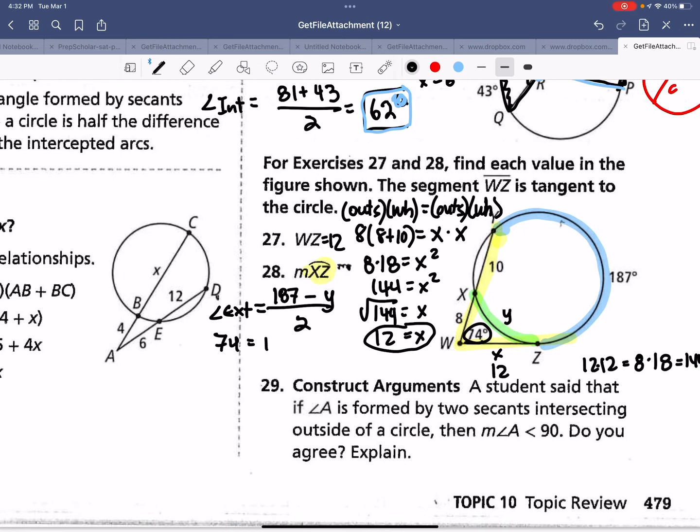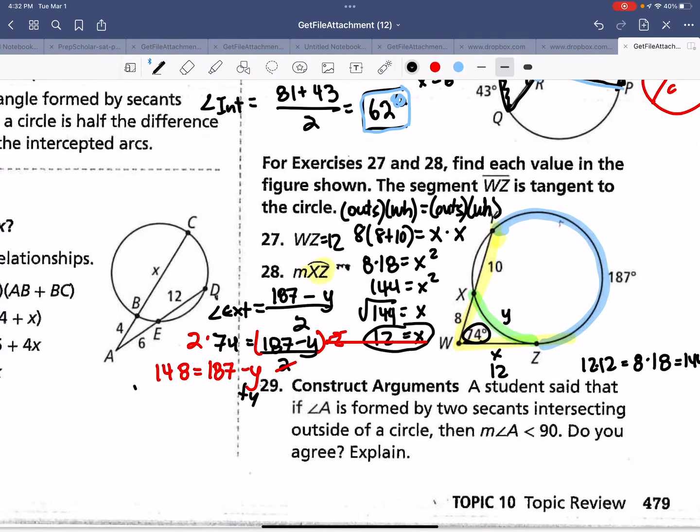So I just have to do a little bit of algebra. I'm going to multiply both sides by 2. So we get 148 equals 187 minus y.